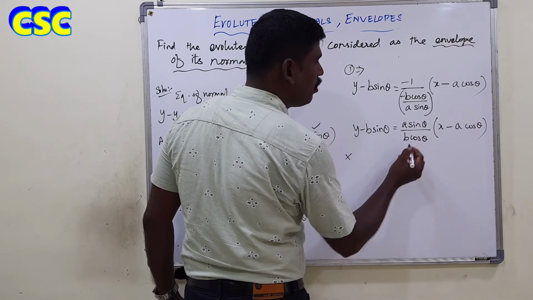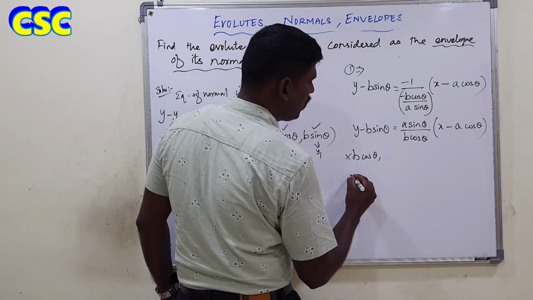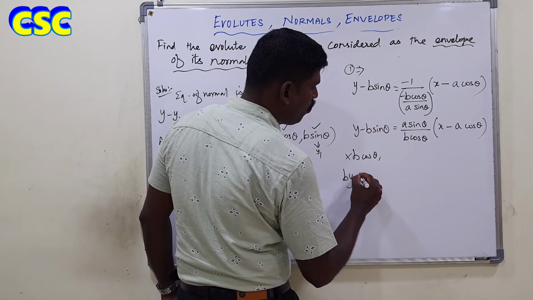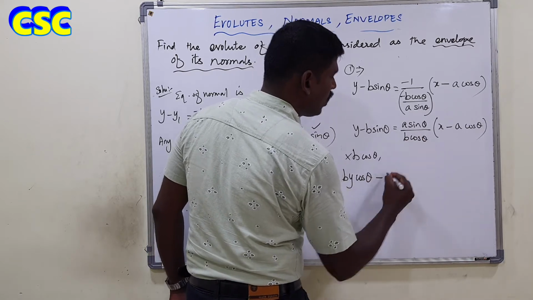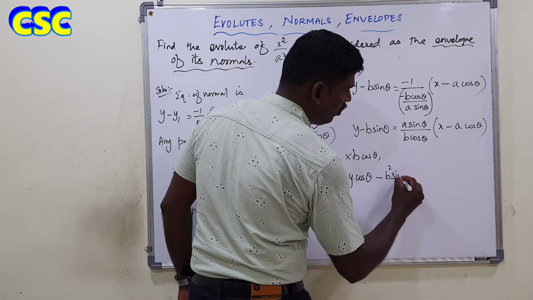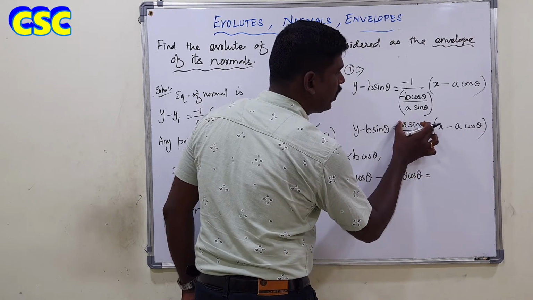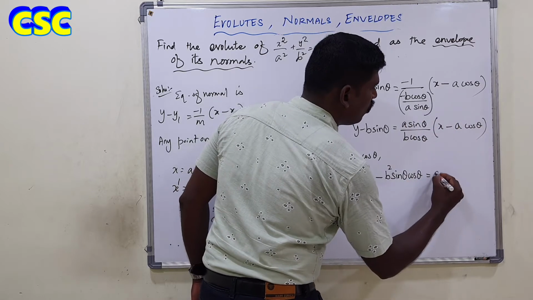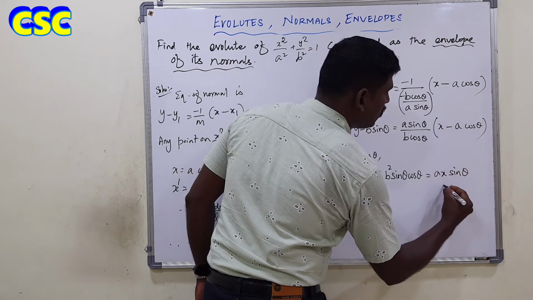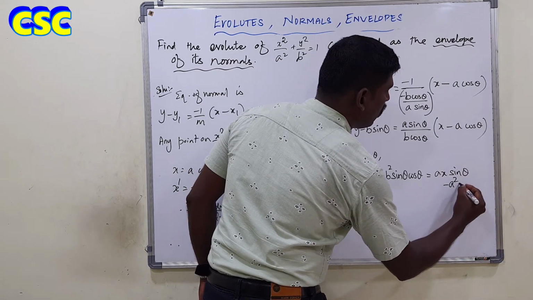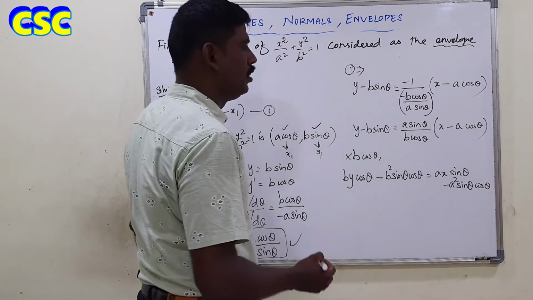Now I am going to multiply by b cos theta on both sides. Okay, so this becomes by cos theta minus b square sin theta cos theta equal to, now I am going to take this a sin theta inside the bracket. So ax sin theta minus a square sin theta cos theta, isn't it?